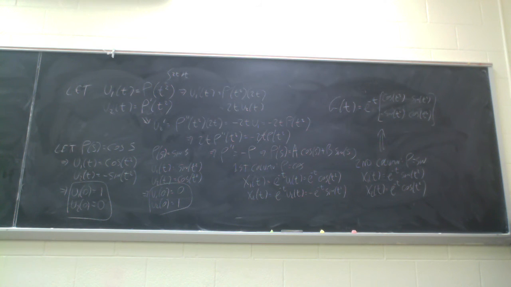So I'm going to get Aij Rj, or not prime, sorry, Rj of t. So this is row i of A of t, G of t.